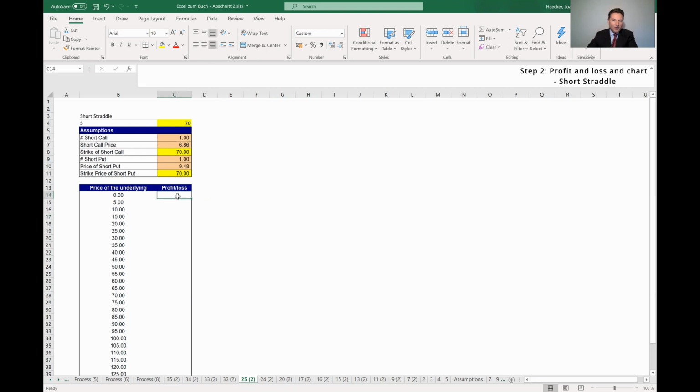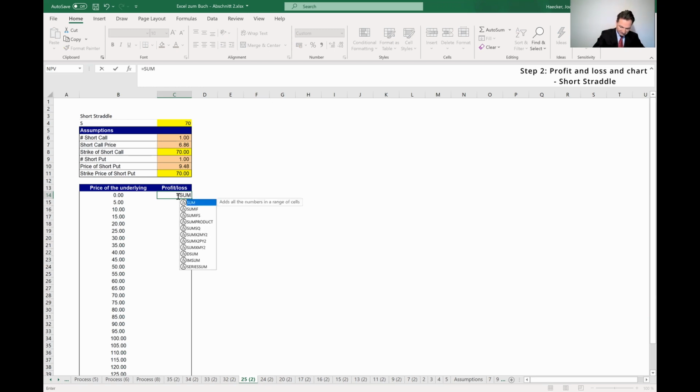Step number 2, how can we calculate the profit and loss of the short straddle? Well, the respective formula is sum, if the share price in 1 year exceeds our strike price of the call, then it is the strike minus our share price in 1 year plus our premium we get because we sell the call.